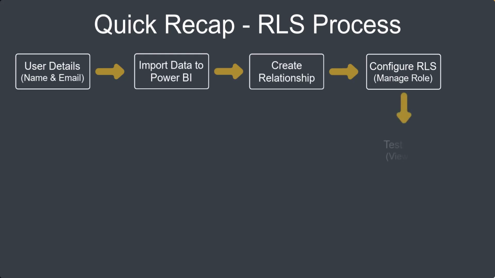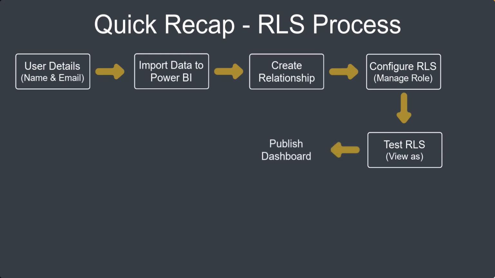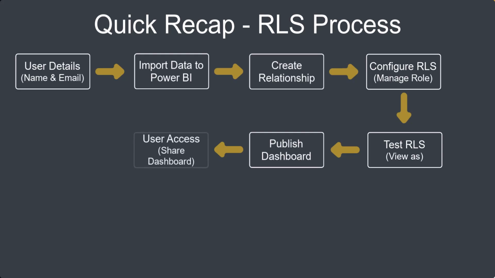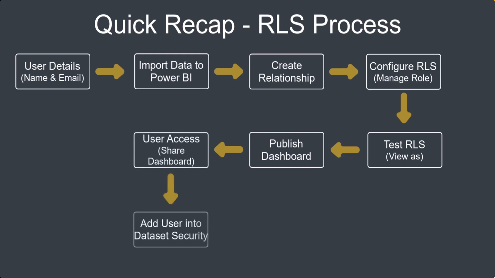Then test with view as. Then publish the dashboard, and you need to share the dashboard with the appropriate users. And finally, you need to add the user into dataset security. This is the proper way to apply row level security for a Power BI dashboard.